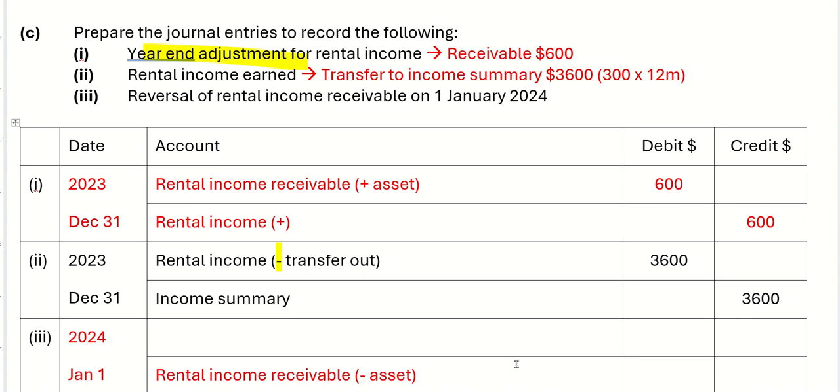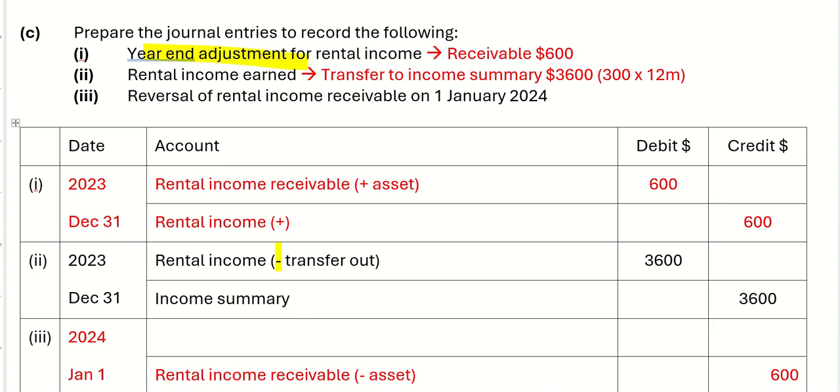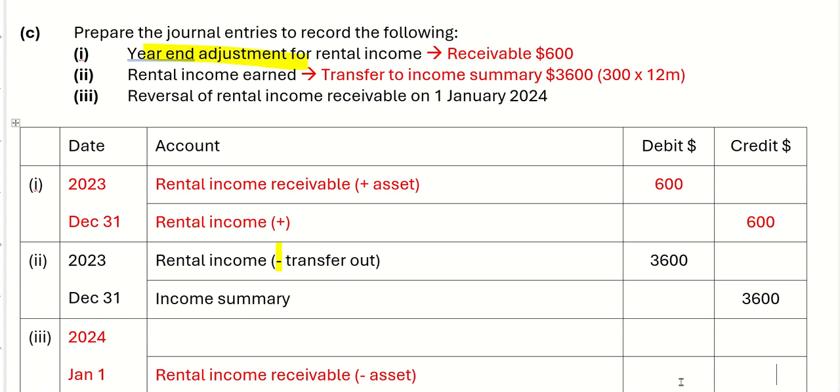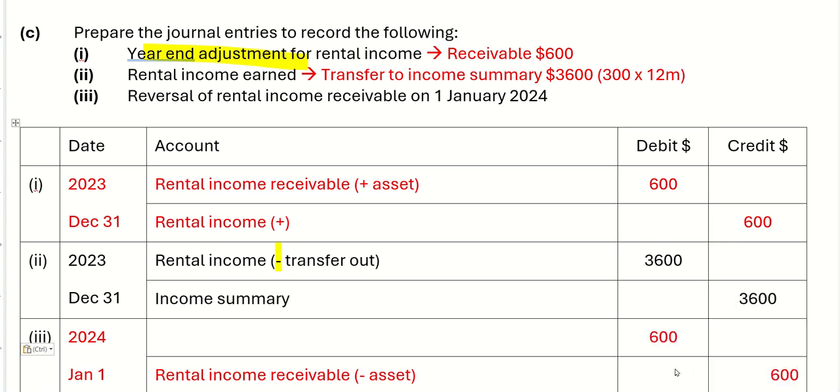So you credit 600. Why minus away? Because you will collect it. So there will be no more receivable. All right. And then you will debit your rental income. It's minus income because it was earned last year.